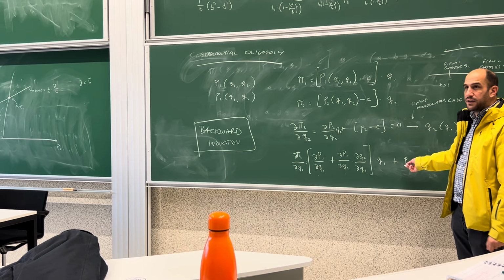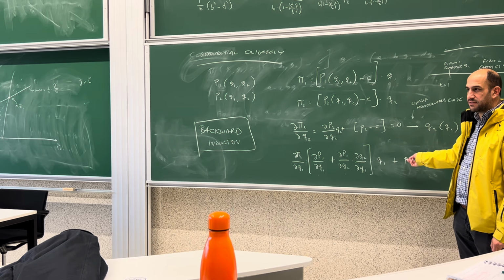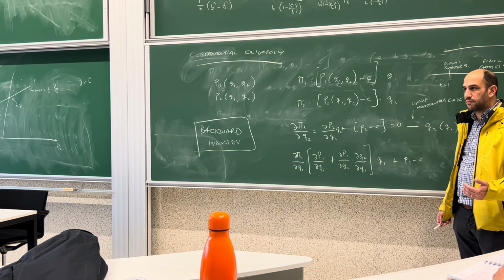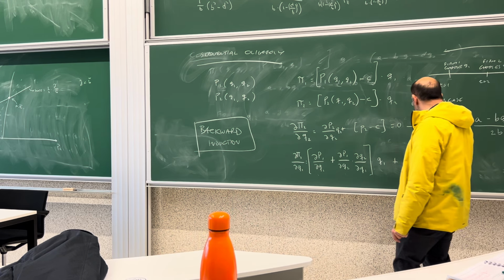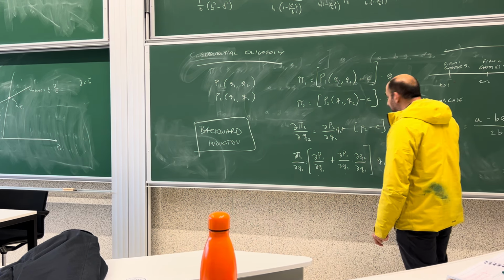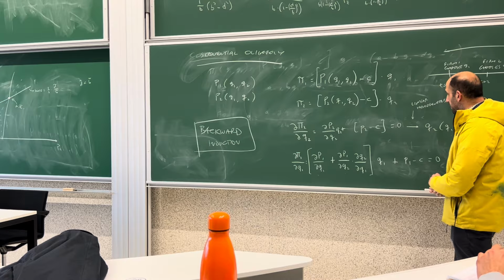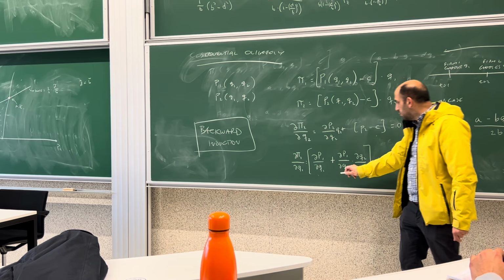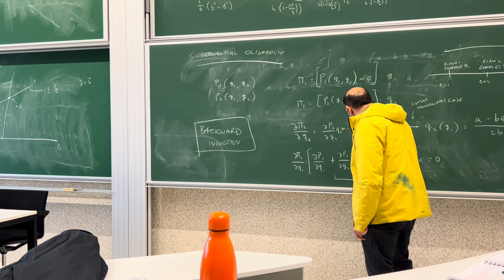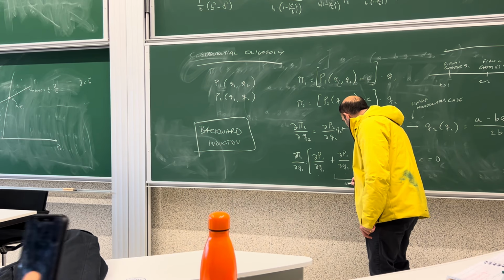Of course, if I increase my quantity by 1, I also get the price for that unit, right? So the overall marginal revenue is this, including this P1. And then I have the marginal cost, right? And this is equal to 0. So this one is the same, but here there's a new term, which is this one. Okay? New.